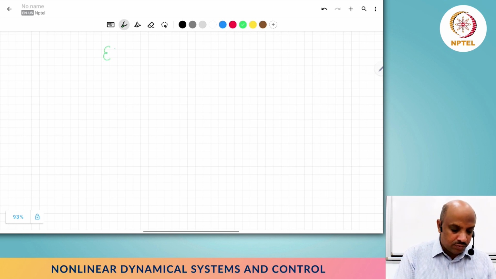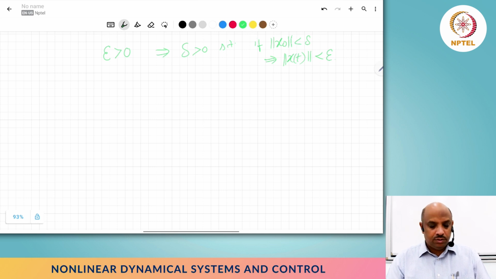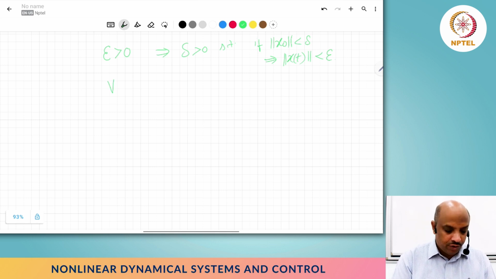Given an epsilon, some number, we want to show that there exists a delta such that if we start within that delta, then x of t will remain within epsilon, right? And we are saying that we can find such epsilon and delta if two things are true. V of 0 is 0 and V of x is positive definite for all non-zero x.